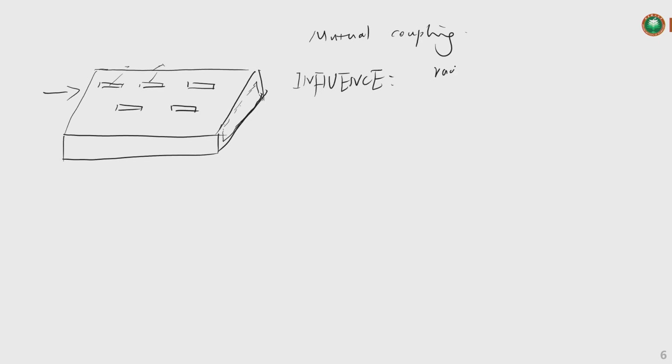It's also going to change the input impedance, and it's also going to cause reflection back to the source feeding.